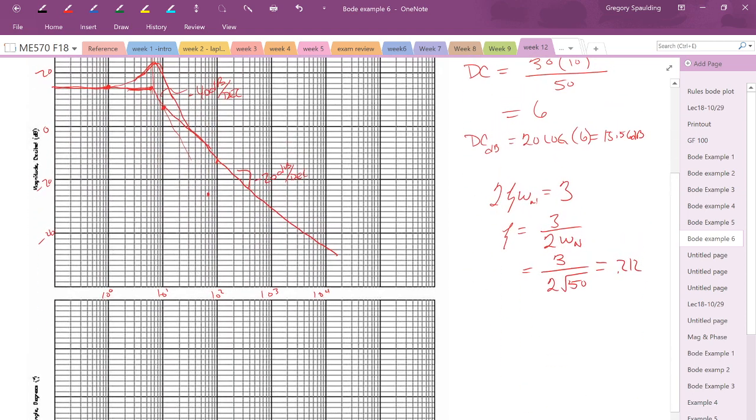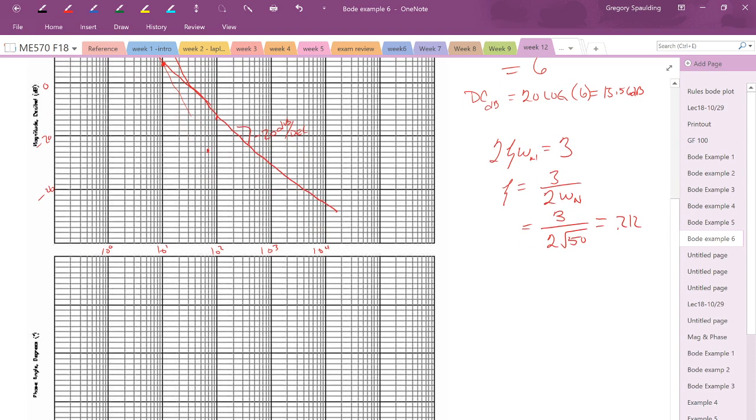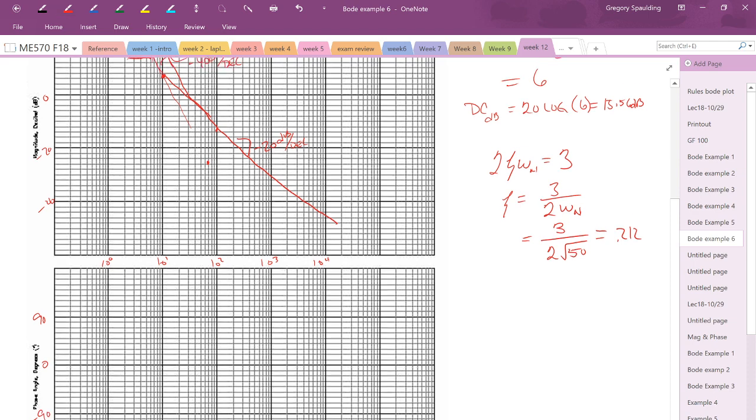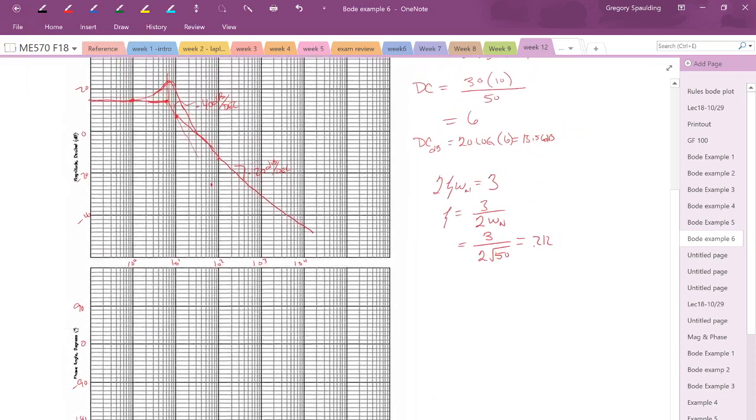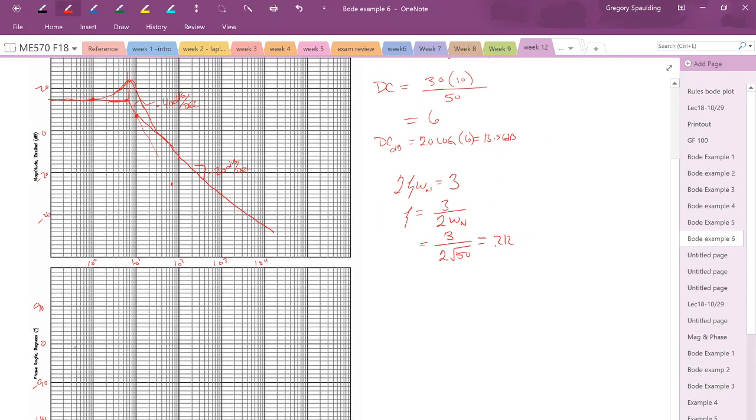Now let's look at the asymptotic phase in here, and of course by this time we should be getting pretty good at this. We've got 0, 90, minus 90, minus 180, and we start off with a phase of 0 because our slope is at 0, and 0 out here to 7, and so we're out here somewhere.